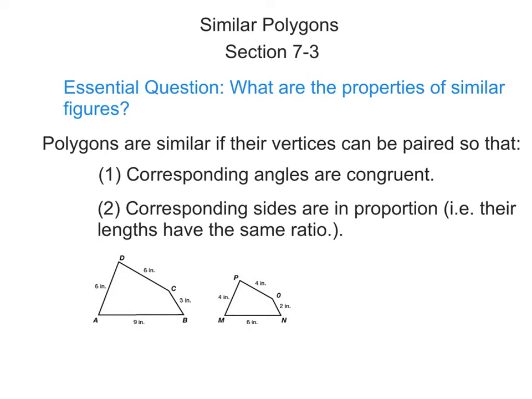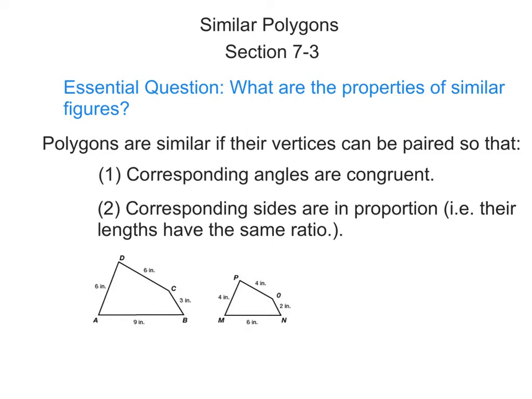Now, are corresponding sides in proportion? In other words, do their lengths have the same ratio? Well, look first at BC. BC is 3 inches. Now, the corresponding side to BC is NO. That's 2 inches. The ratio of the larger to the smaller is 3:2. Now, look at CD.